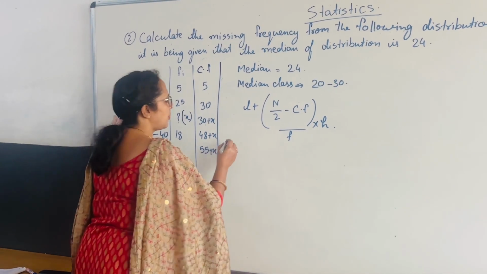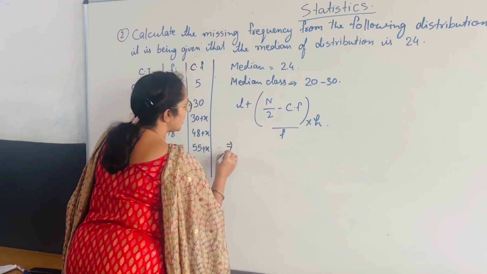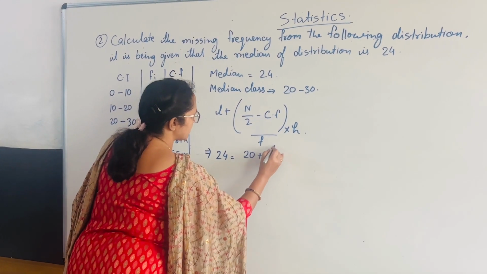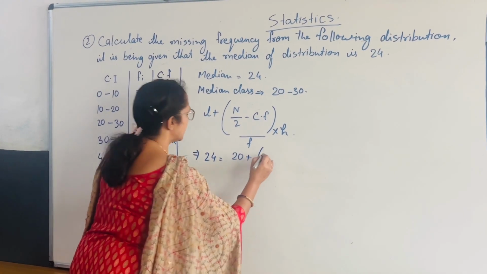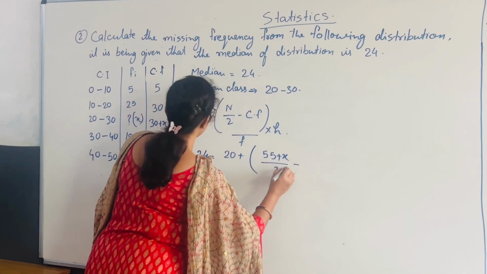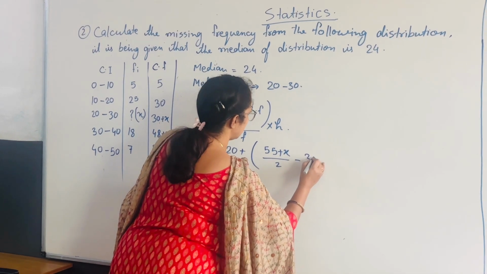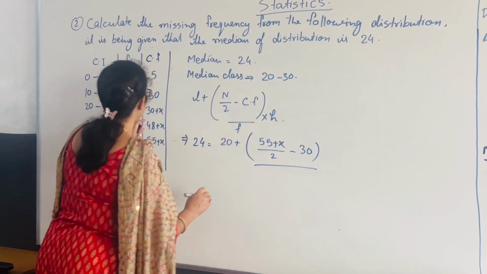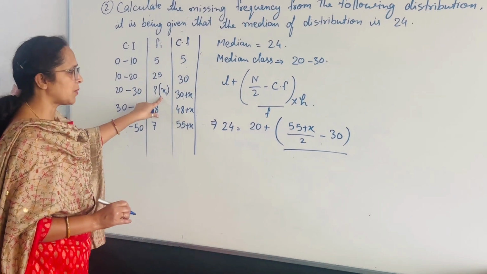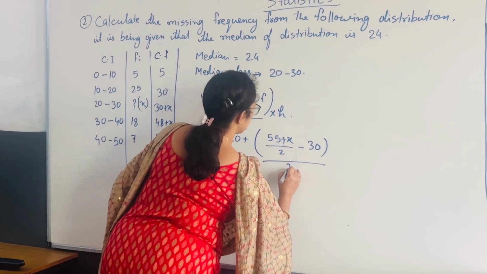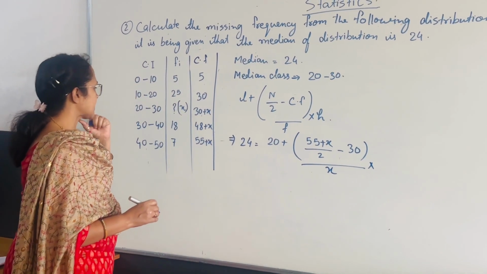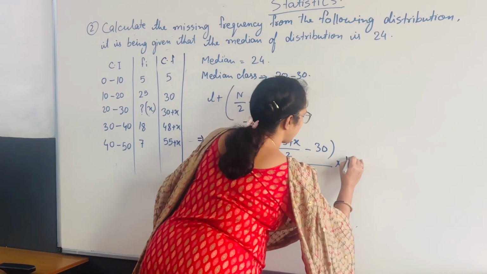So now I'll put the values in the formula. 24 is equal to 20 plus, now N by 2 is 55 plus X divided by 2, minus 30, divided by F. F is the frequency of the median class, so this is our median class and the frequency is X, into H. H is the class size, which we can see is 10.